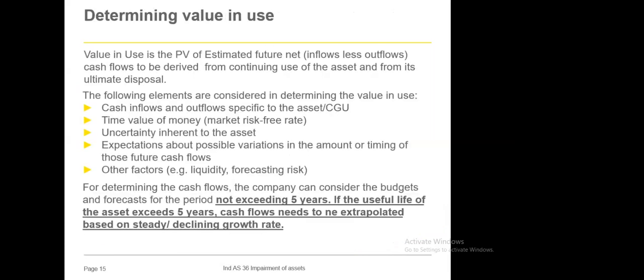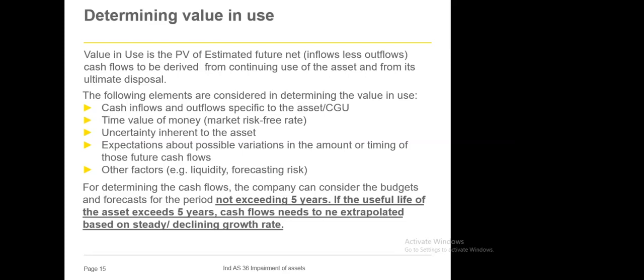Now moving on to the next concept, your value in use. What do we mean by value in use? Value in use is basically the present value of estimated future net cash flows, that means inflows less the outflows. I'm repeating again, value in use is the present value of estimated future net cash flows to be derived from continuing use of the asset and from its ultimate disposal.